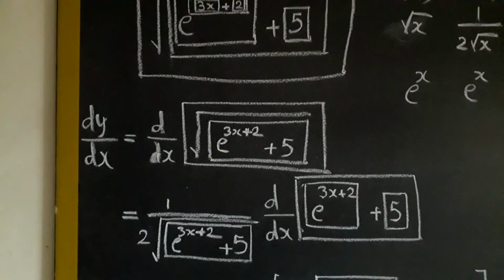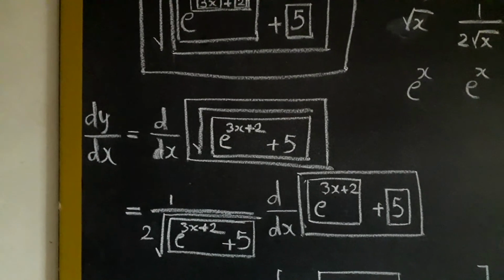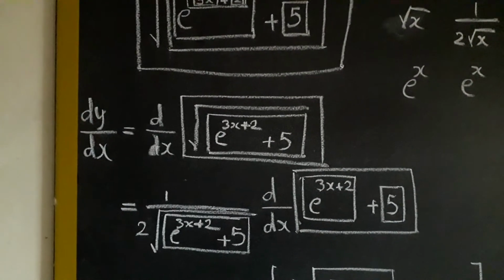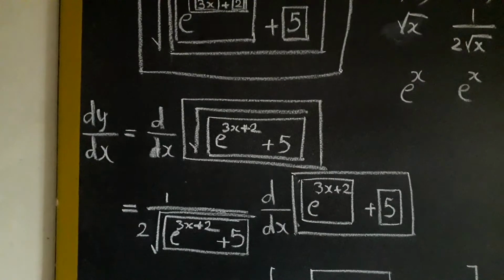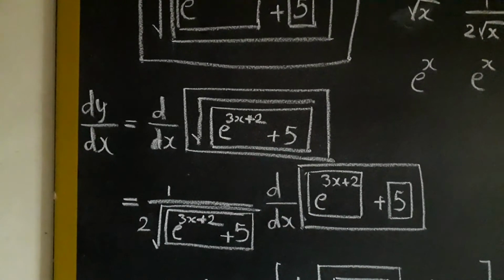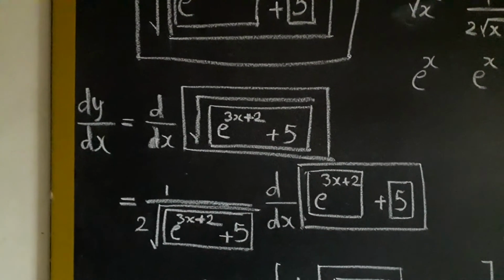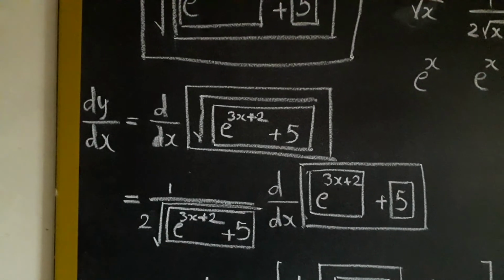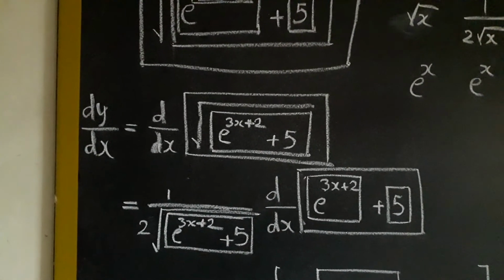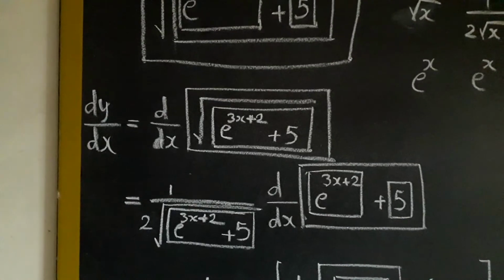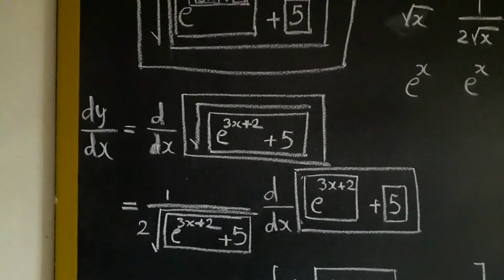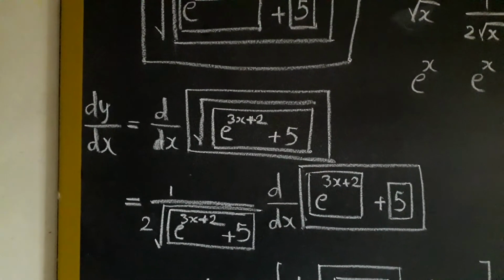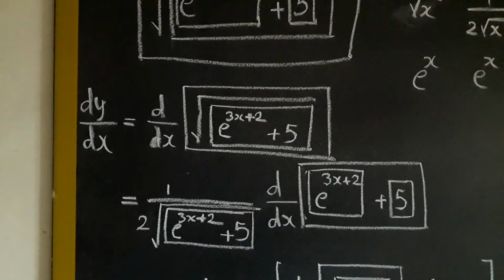Now you can see in the picture the d dx of the whole box. Here we have to open it, that is, find the derivative. When I open the box, I find that there are two separate boxes. So we will find the derivative of the two separate boxes separately, using the addition rule.